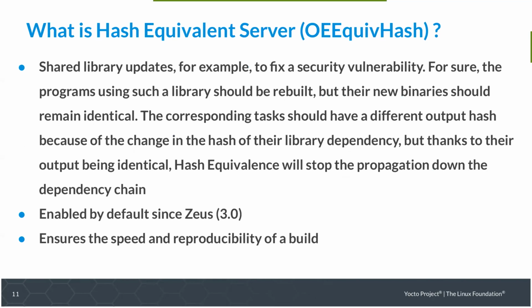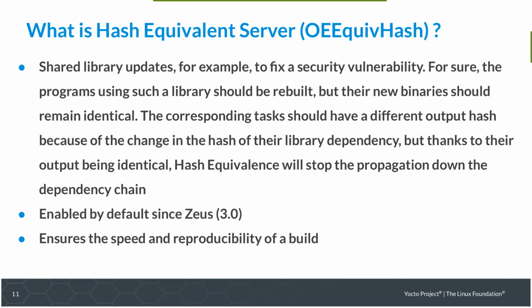Another example of the hash equivalence server is when you have a shared library and you do an update. So let's say you have a security fix. You will need to rebuild the programs that are using this library, but for some dependencies the final result will be kind of the same.